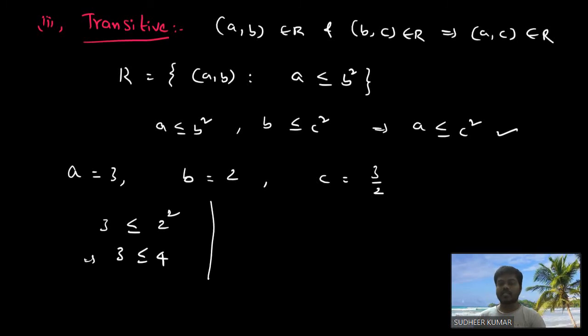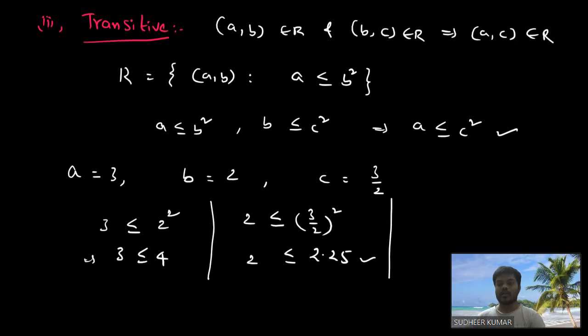And the next one is b less than or equal to c square: 2 less than or equal to 3 by 2 whole square. So this is 1.5 whole square, which is 2.25. So it is also satisfied.